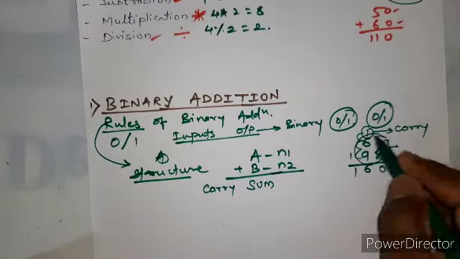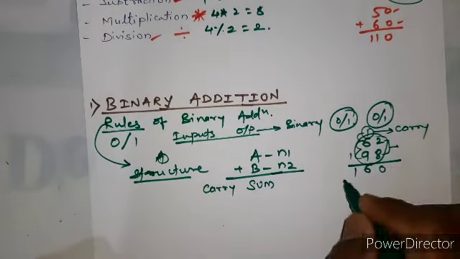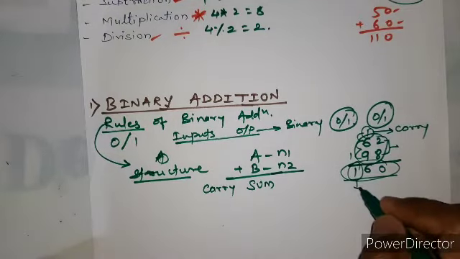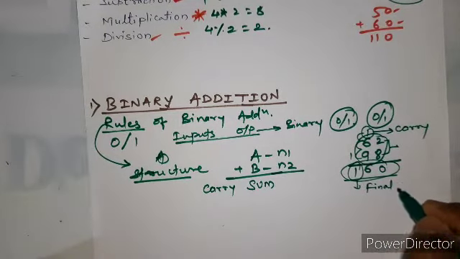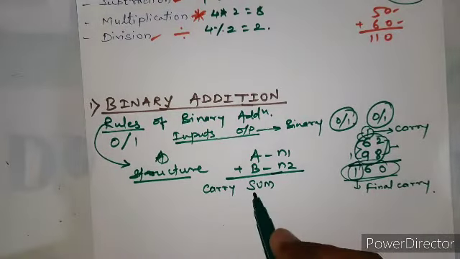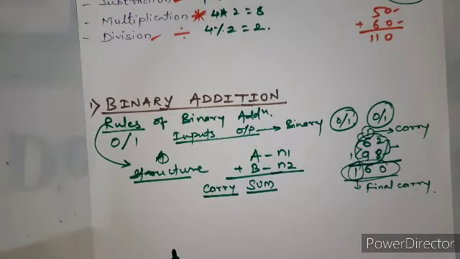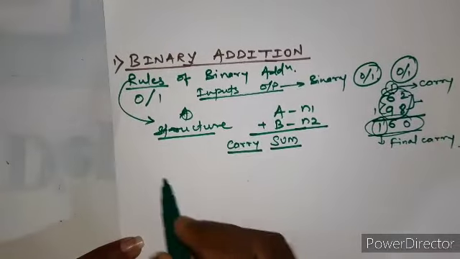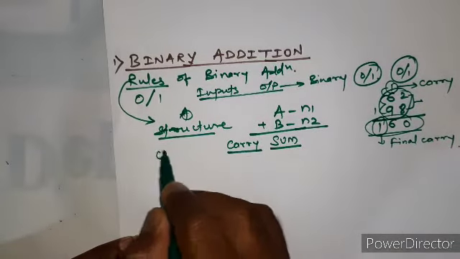Now see, we have taken these 2-digit numbers, but the result is 3-digit numbers. Okay, so this is considered as final carry, right? So we have this sum and we have carry, right? Now we have this 0 and 1.